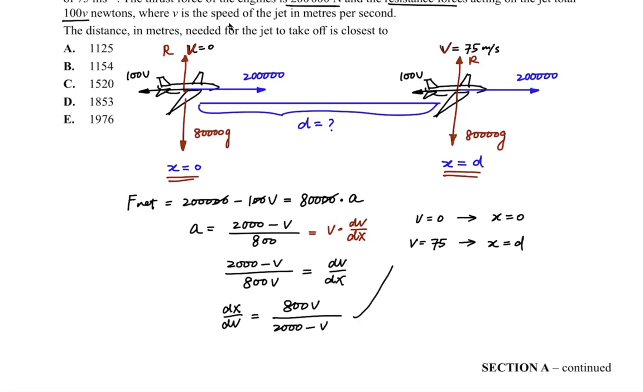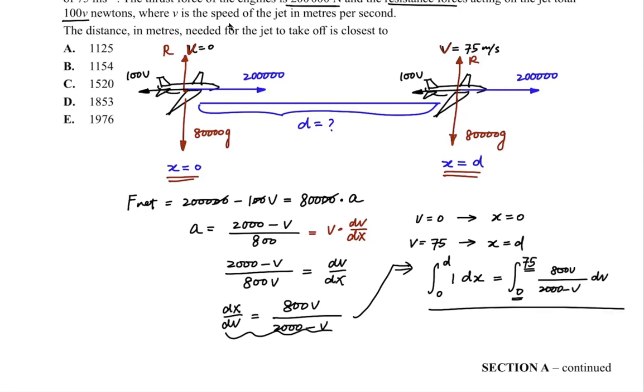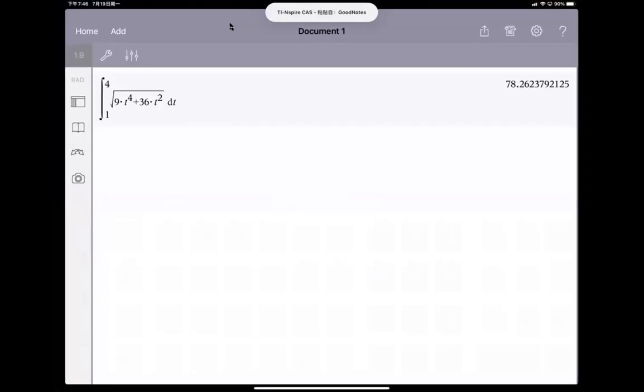So if you anti-derive the differential equation here, you will get the integral from 0 to d of 1 dx equals the integral from 0 to 75, because you are accelerating, your velocity goes from a smaller to a larger value, of 800v over (2,000 minus v) dv. So here is your final expression. I'm going to use my CAS calculator to do the calculation.